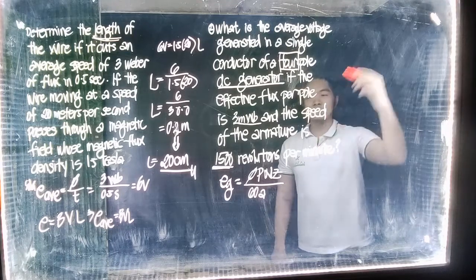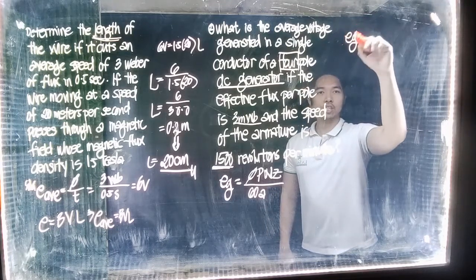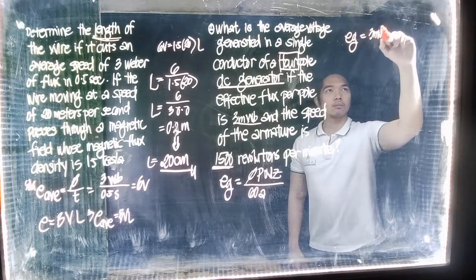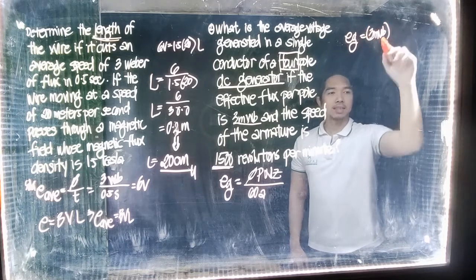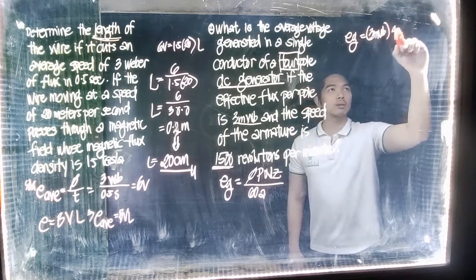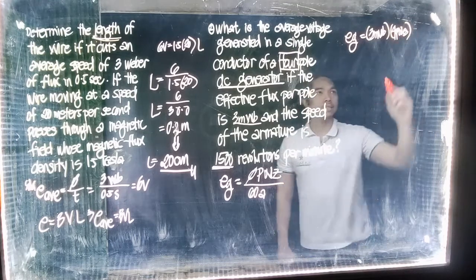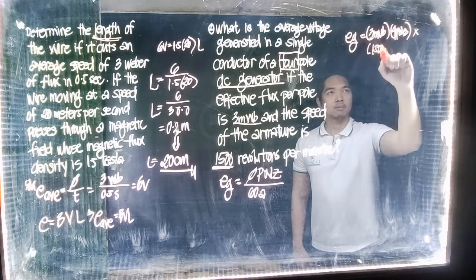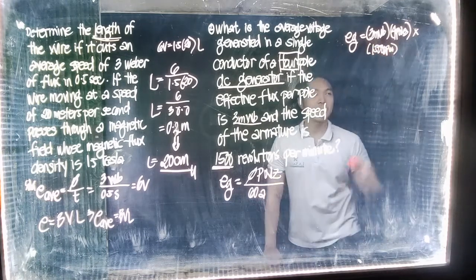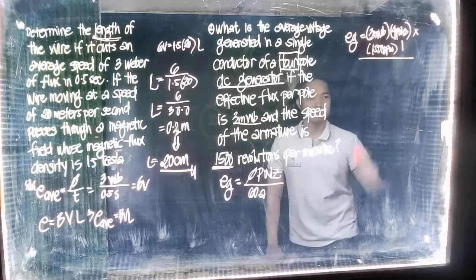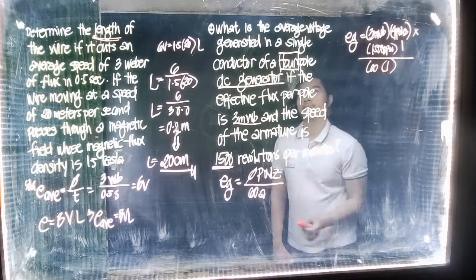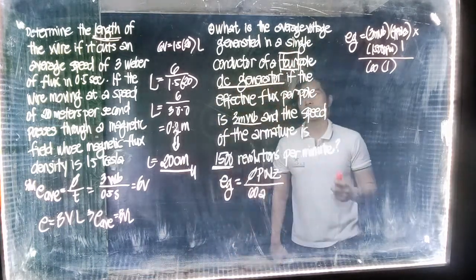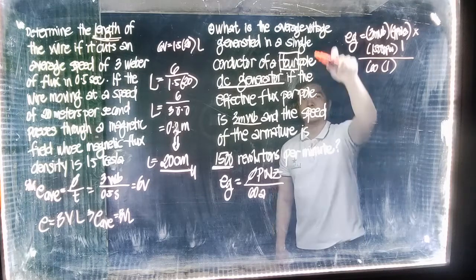EG equals 3 microweber times 4 poles times the number of revolutions per minute, times 1 over 60 times 1 again, since that is a single conductor and armature of 1.